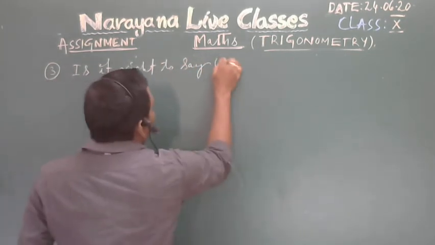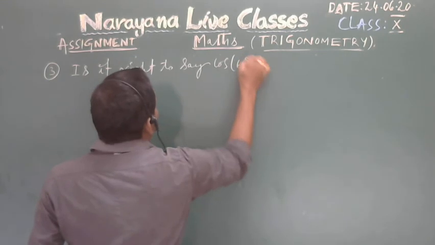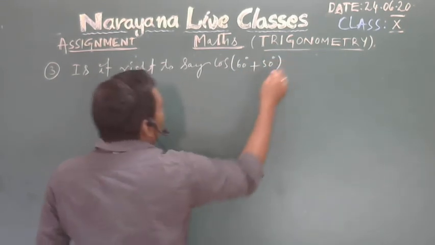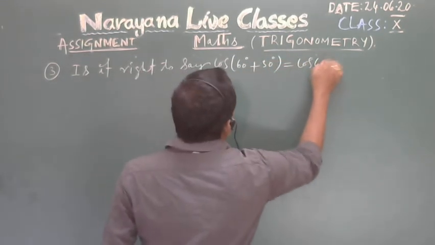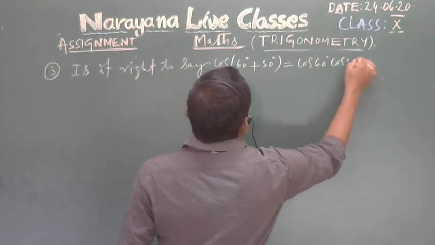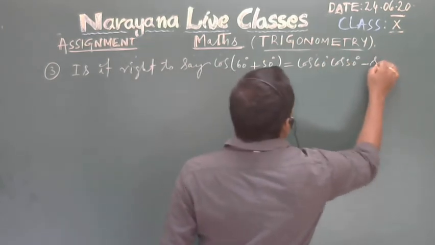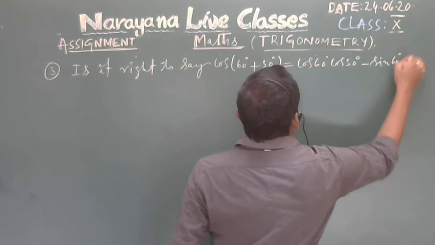Is it right to say cos of 60 degrees plus 30 degrees equals cos 60 cos 30 minus sin 60 sin 30?